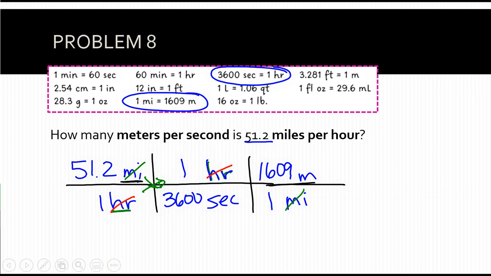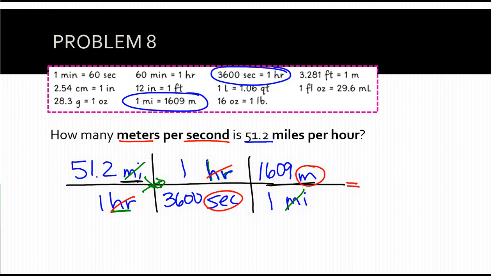Check where your units are. We have meters up top, and we have seconds on the bottom. So are we doing meters per second? Yes, we have everything set up to cancel correctly. Now all you have to do is multiply the top, divide by 3,600, and you should get your answer. What do we get here? What's our calculator answer? So then we can round. 22 point a bunch of numbers.